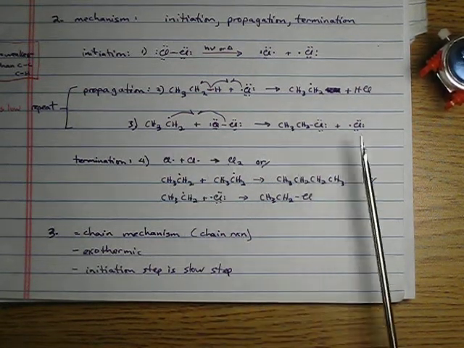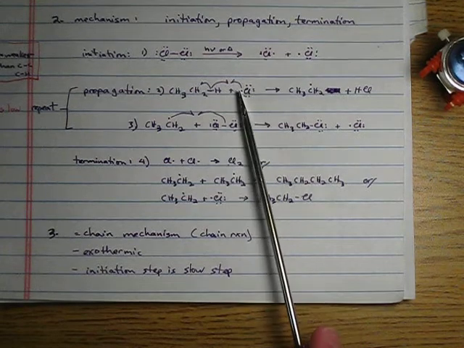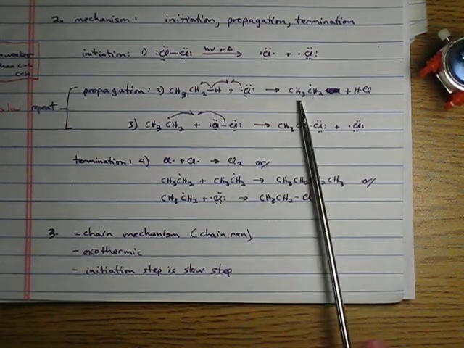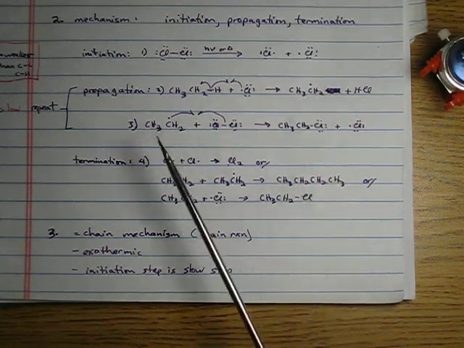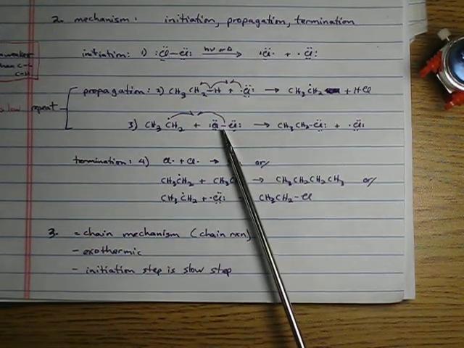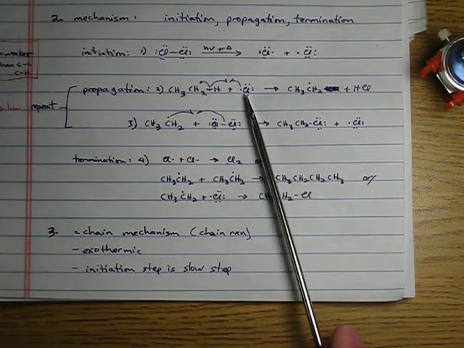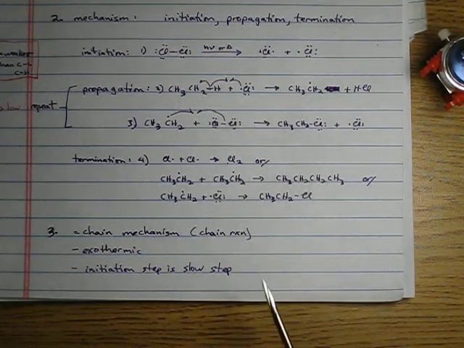And at this step, we made our chlorine radical, so it goes back in here, finds another one of these ethanes, subtracts a hydrogen to make this ethyl radical. Ethyl radical finds a Cl2 and makes this product, and another chlorine radical, which goes back, and we repeat this propagation step over and over again.